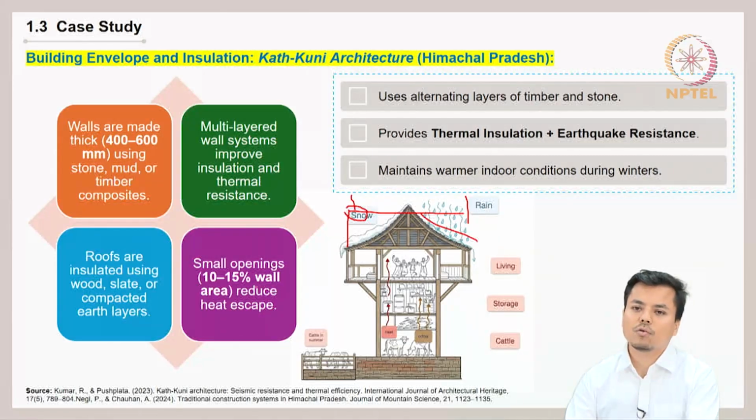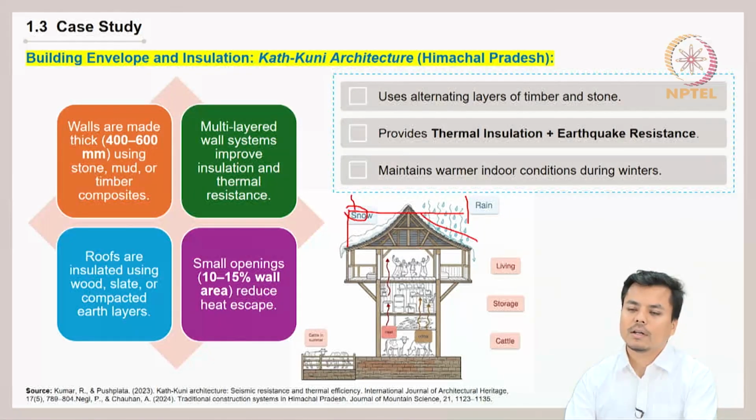Roofs are insulated using wood, slate or compacted earth layers. These areas are also called attics. They are sometimes filled with insulating material, or they are also used as storage spaces, so that the heat doesn't escape very quickly, nor does the cool air pass into the structure very easily.